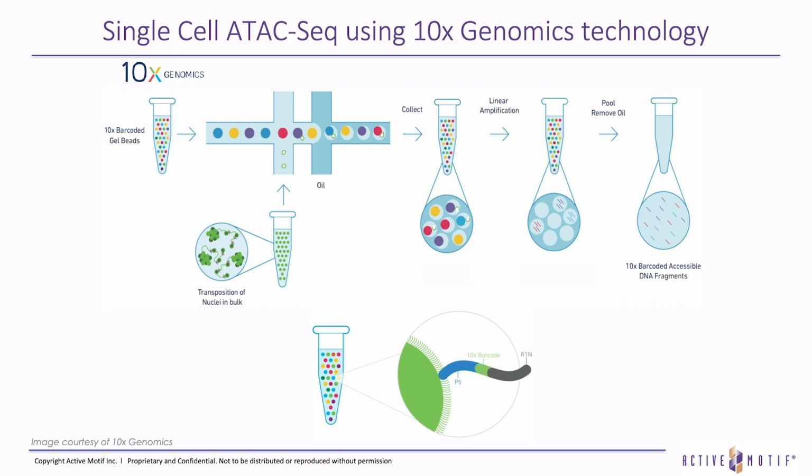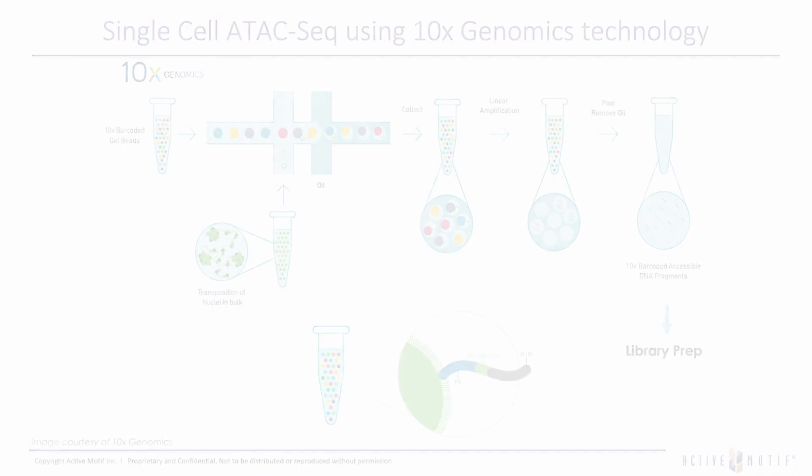Having this unique barcode on each of the individual beads allows you to then trace back to understand from what cell the signal came. Once it goes through the Chromium Controller, you then have these complexes of nuclei and beads. You then perform linear amplification to amplify the signal. You remove the oil, and then you pool these barcoded fragments to then proceed on with library preparation.